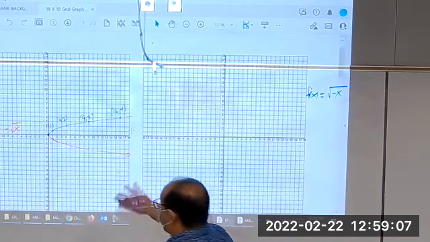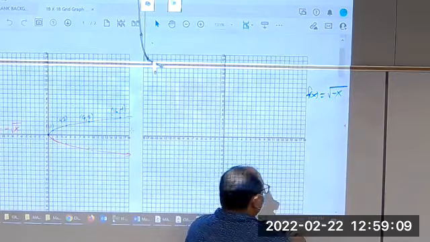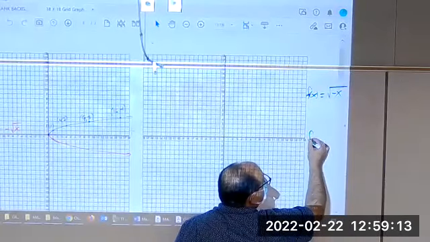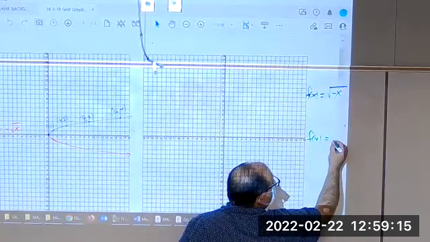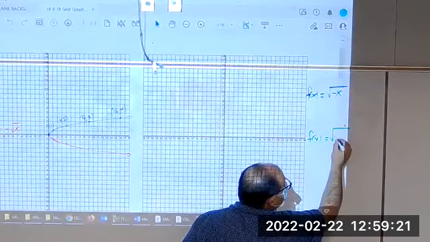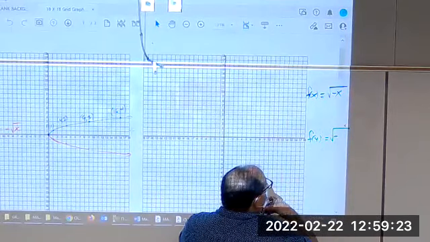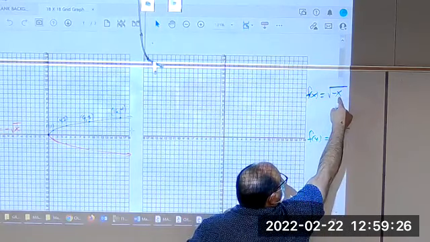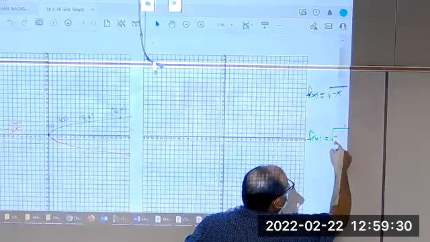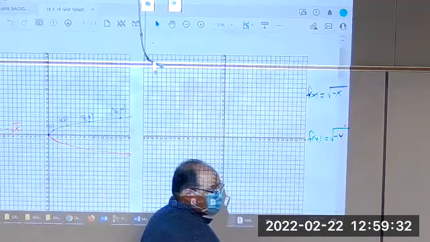F of 4 would be the square root. This negative is part of what you're supposed to do. So that negative is already inside, and the only thing you're doing is replacing the x with a 4. So f of 4, that negative is here, and then you put a 4 into the x.